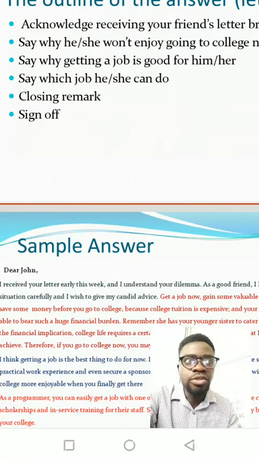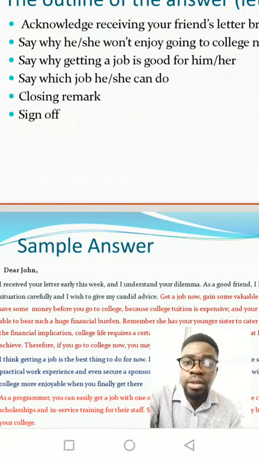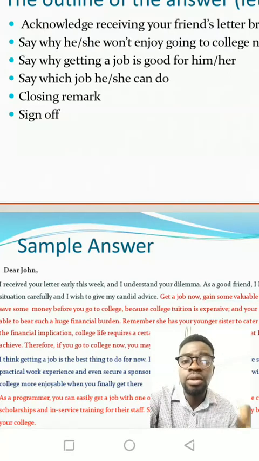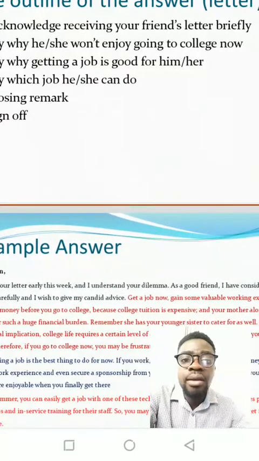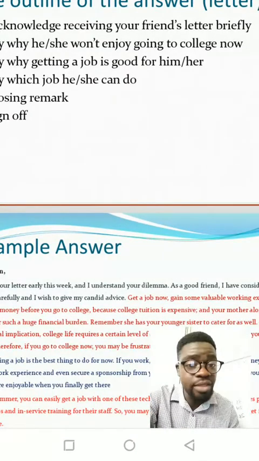So once you have gotten maybe a sentence or two to introduce your letter, then go straight to the first point and address it. So in the sample here, I went on to say why my friend won't enjoy going to college now.